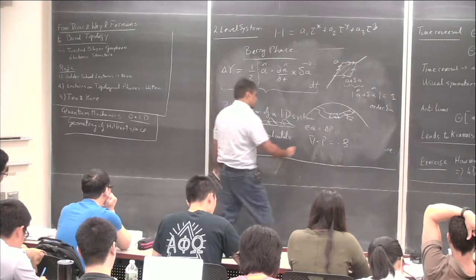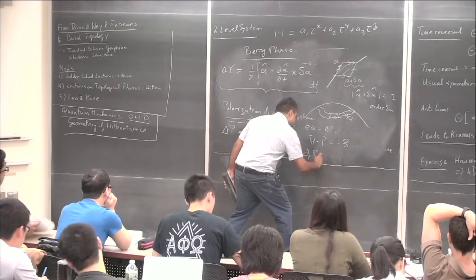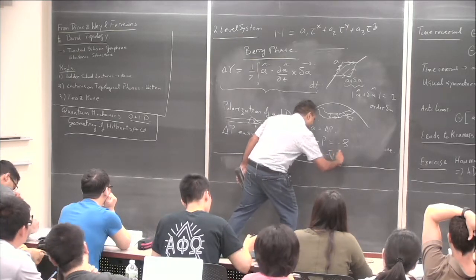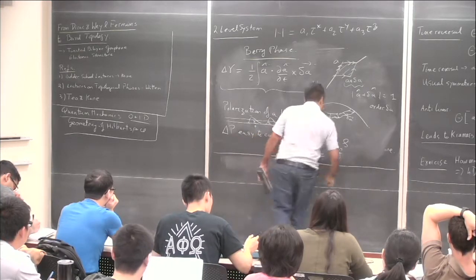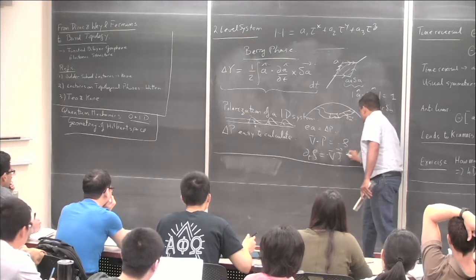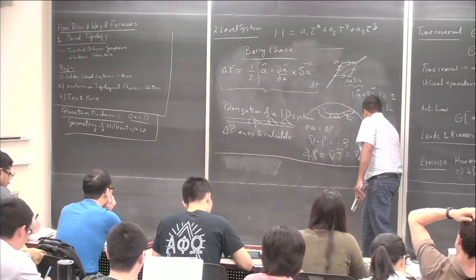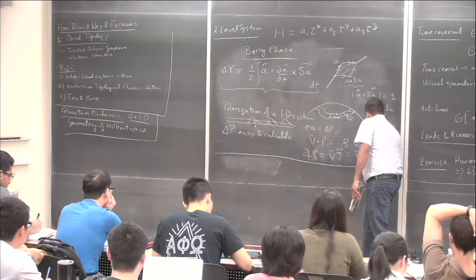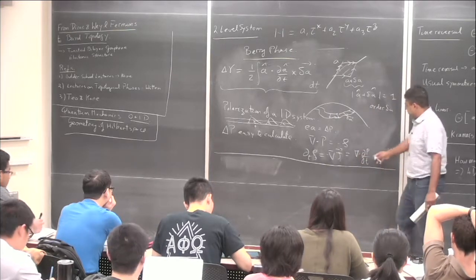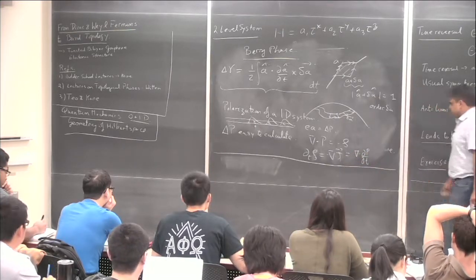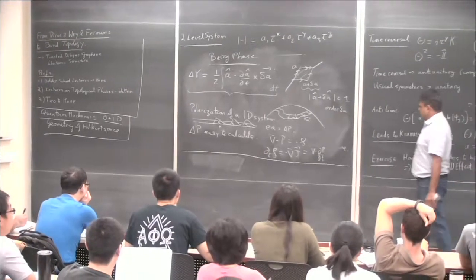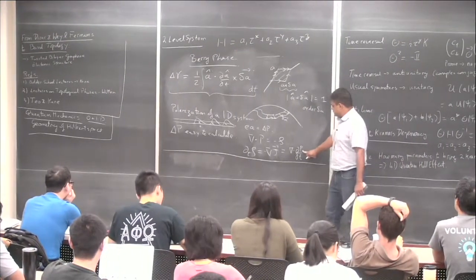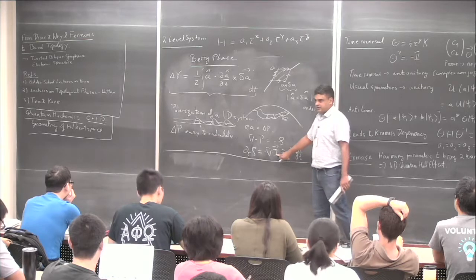So if I look at the time derivative of the density, which is related to the current by the continuity equation, what you find is that the time derivative of the polarization is just related to the current. So if you want to figure out how the polarization changed, all you need to do is integrate the current over time.